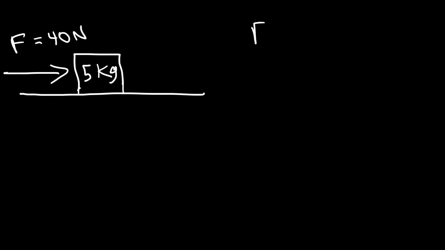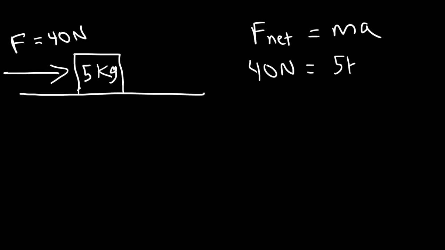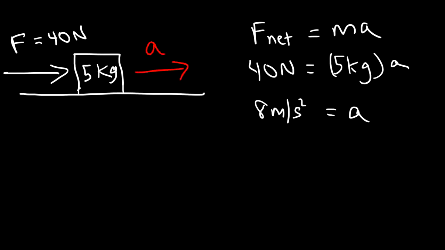So using the equation, the net force is equal to ma. The only force acting on the block is the 40 newton force, so that is the net force. The mass is 5 kilograms, and so the acceleration is going to be 40 divided by 5. So it's 8 meters per second squared. And the acceleration is in the same direction as the net force.